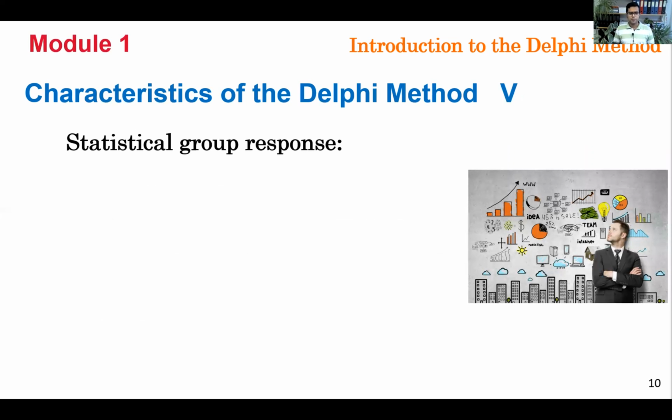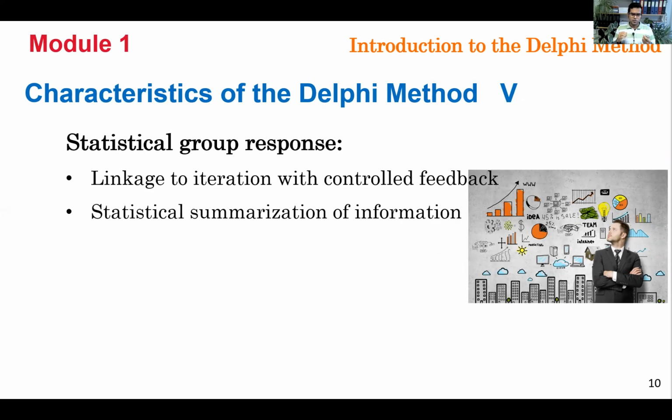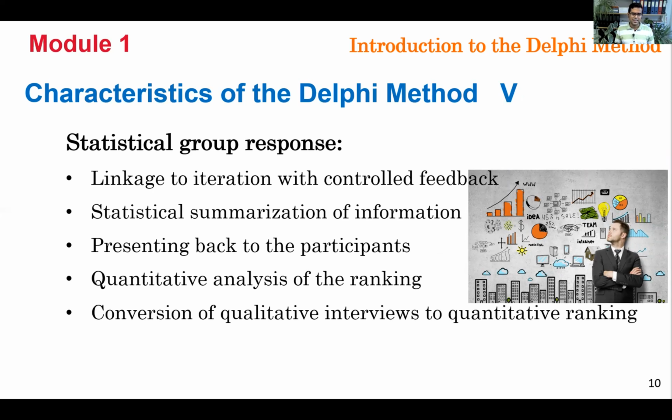Statistical group response. Linked to the iteration with control feedback is the characteristic of statistical group response. Here, the collated information or opinions expressed in each previous round are statistically summarized for each item under consideration and subsequently presented back to the participants. This allows participants to compare their personal opinion with that of the collective group.